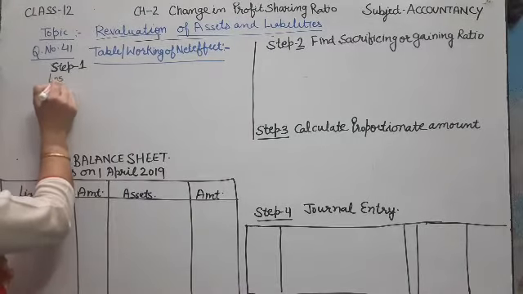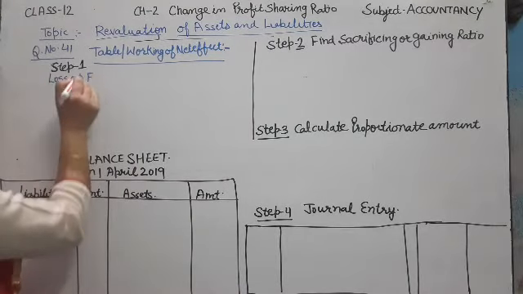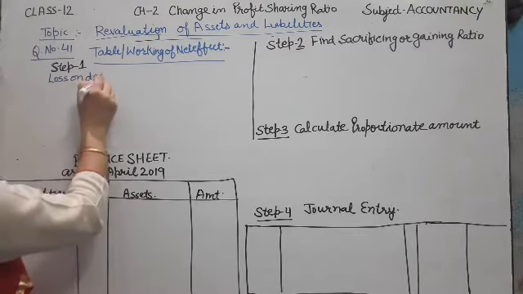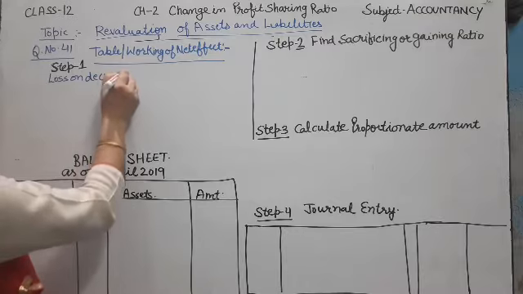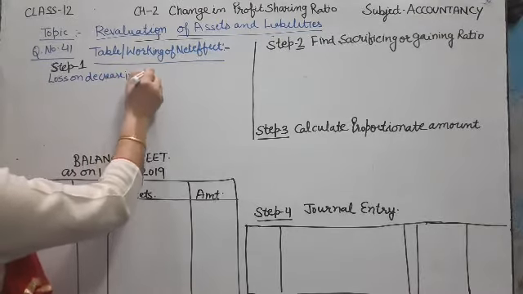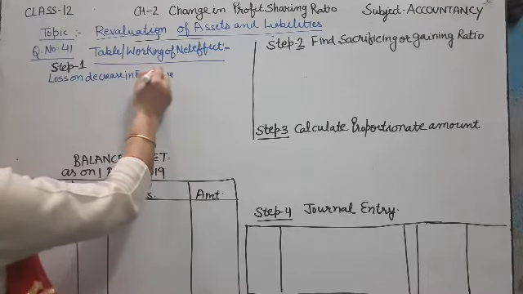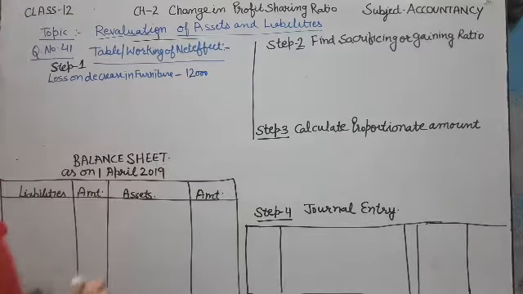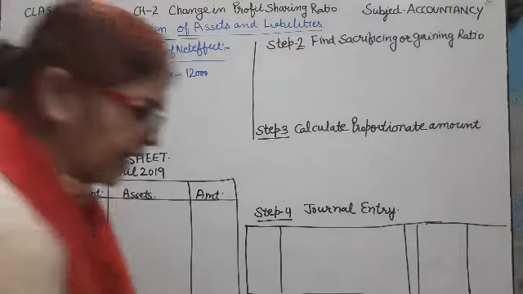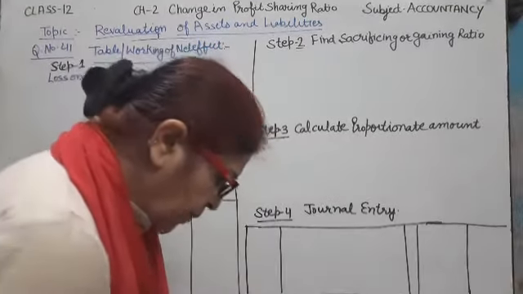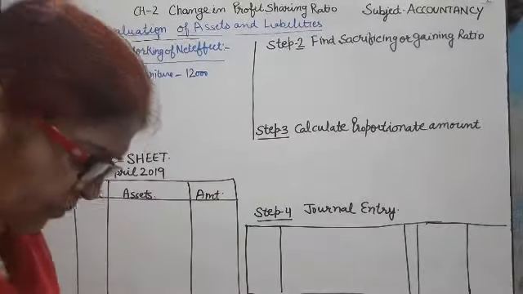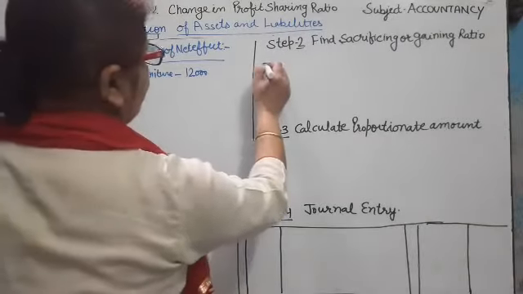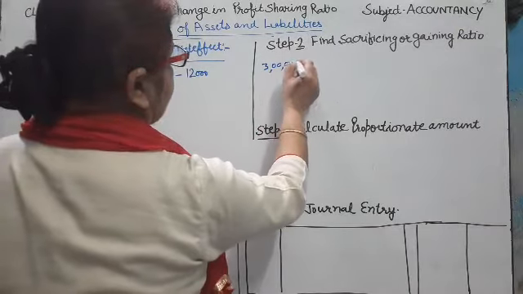So you record here with the help of a table: loss on decrease in furniture, that is 12,000. And second, stock is to be appreciated by 20%. Stock value is 3 lakh and we appreciate it by 20%.